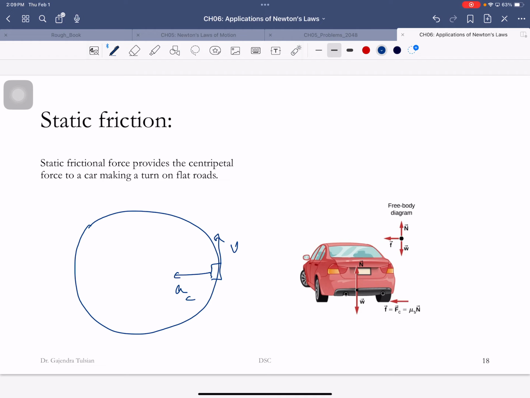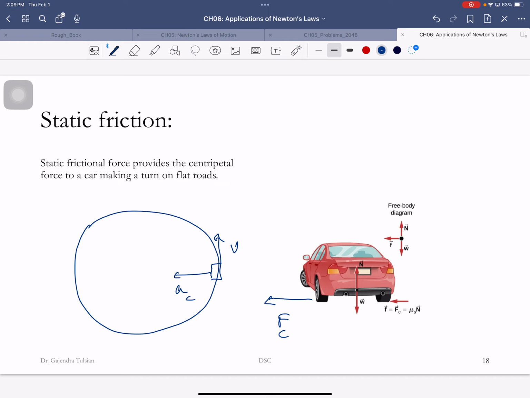It's called centripetal acceleration because the acceleration is pointing towards the center of the circle. The force of gravity is directly downward. What is giving the car a force in this direction? You need a force in that direction. What is providing the centripetal force?